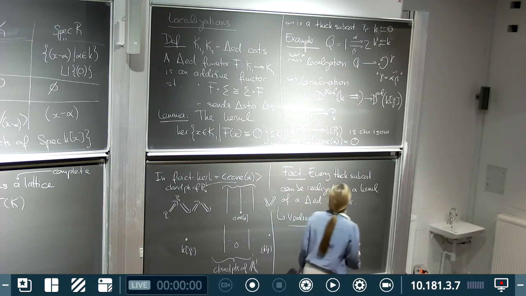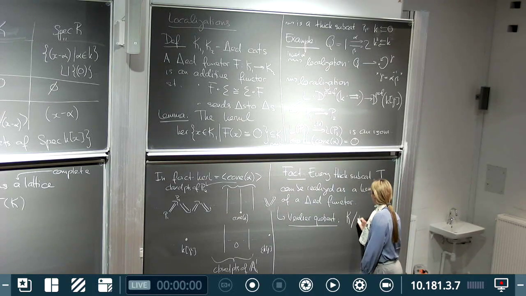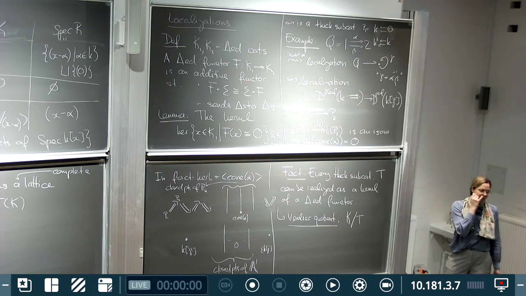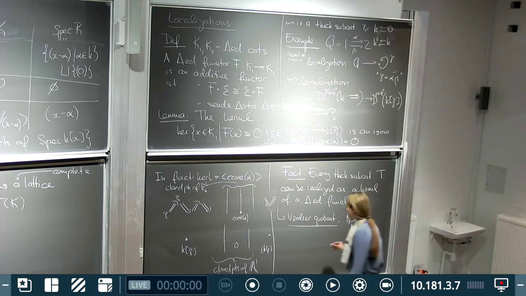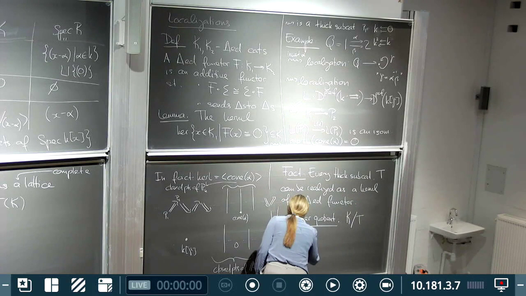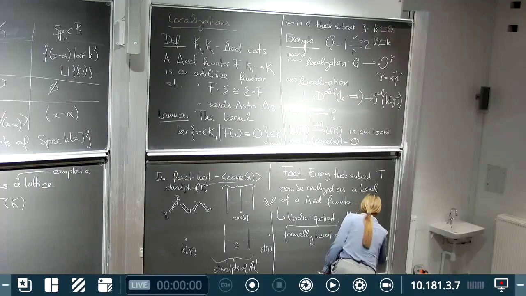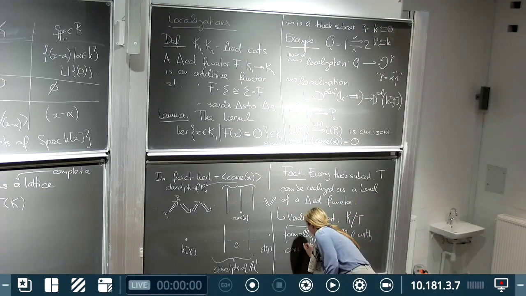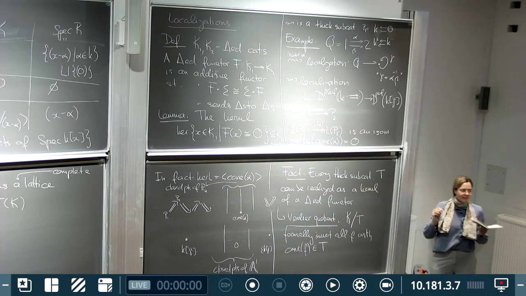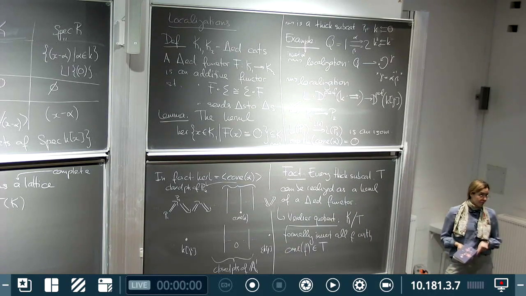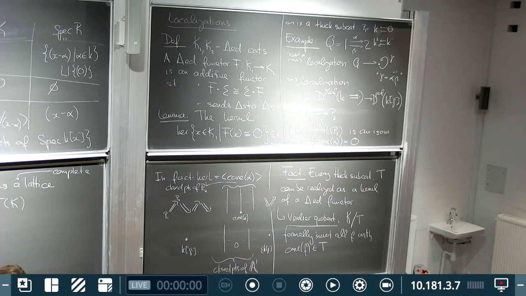So if you have a thick subcategory T, we write that as K mod T, and you get that by formally inverting all the maps whose cone lands in T. Right, so that's telling us that thick subcategories are precisely kernels of a functor. Good, so we should be thinking of them when we think of localizations.